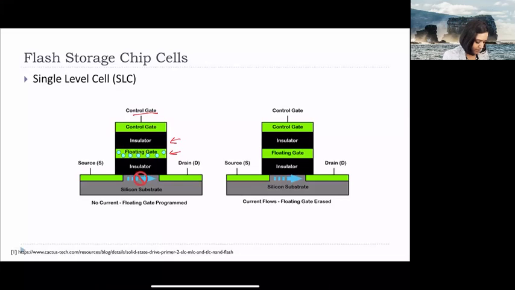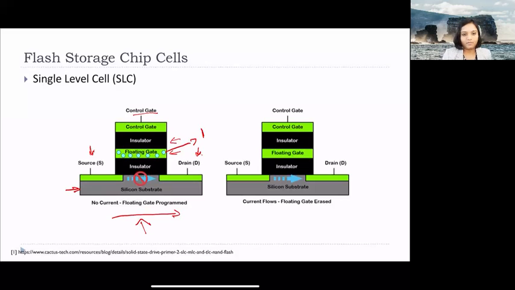We have our silicon substrate, which has its source and its drain, and depending upon the current that we apply at source and drain, either the current flows in the silicon substrate or it does not flow. If the current is not flowing, as we see here in this figure, the electrons can gather in the floating gate, which gives it one state. We could call that 1.